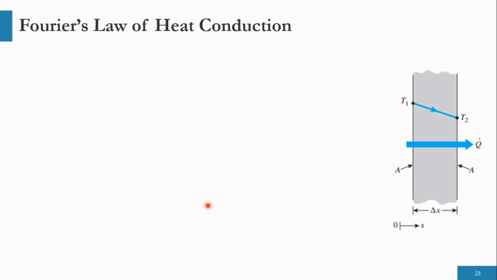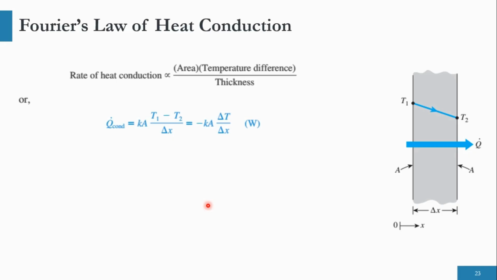So if we translate it in terms of a numerical equation, we write it as: rate of heat conduction is directly proportional to area and temperature difference, and inversely proportional to thickness. Once we convert it to a mathematical equation, we get Q conduction is equal to, with area represented by A, temperature difference represented by T1 minus T2, and thickness represented by delta X. When you convert that proportional to equal, you get this parameter which is K, the thermal conductivity.